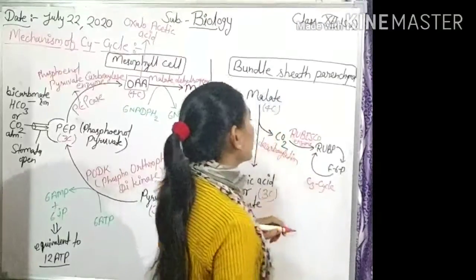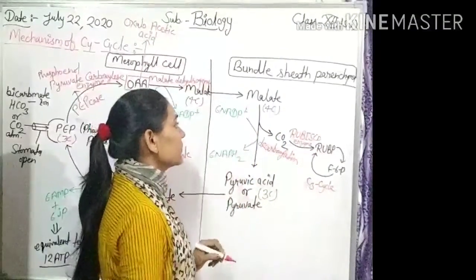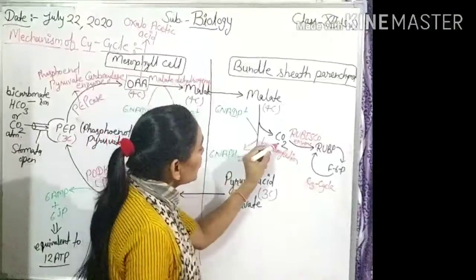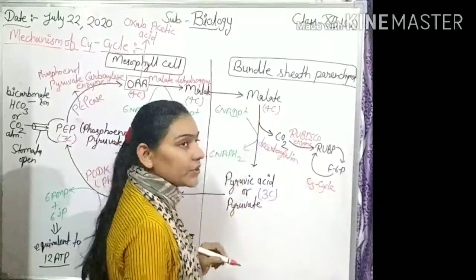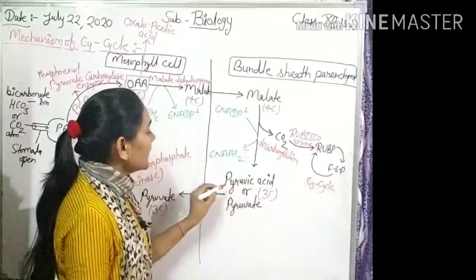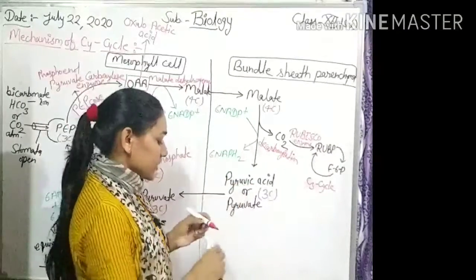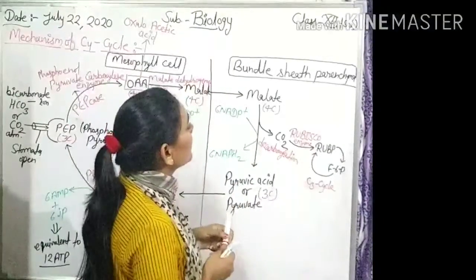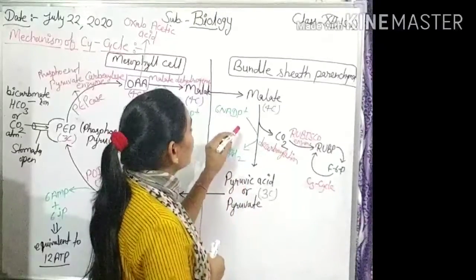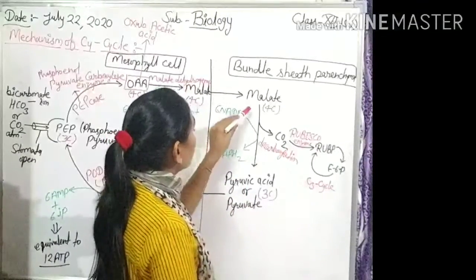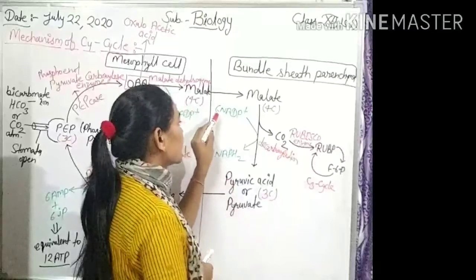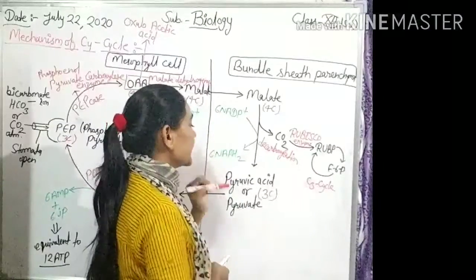Decarboxylation means carbon is released from a compound. So one CO2 molecule is released from malate, then a 3-carbon compound, pyruvic acid, is formed. It is also a reductional process, and 6 NADP plus convert into 6 NADPH2.